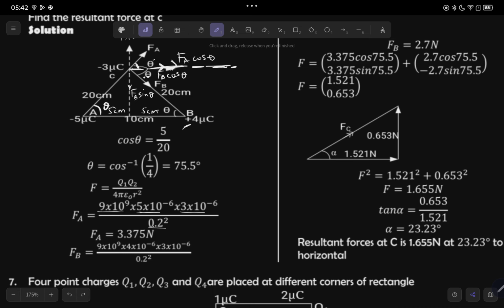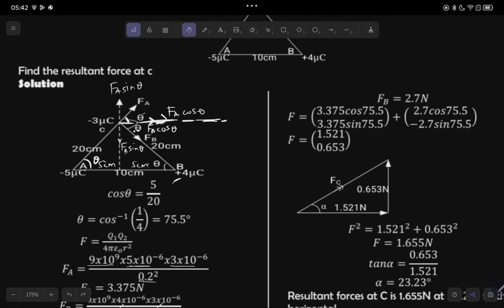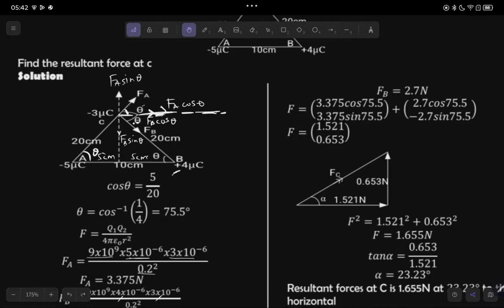We do the same for the force due to the charge at B, using the corresponding charge 4 microcoulomb times 3 microcoulomb over 0.2 squared, and the constant is 9 times 10 power 9. That will give us force FB as 2.7 newtons.